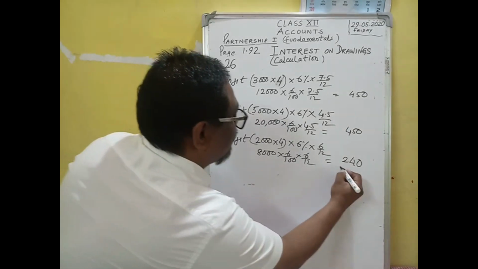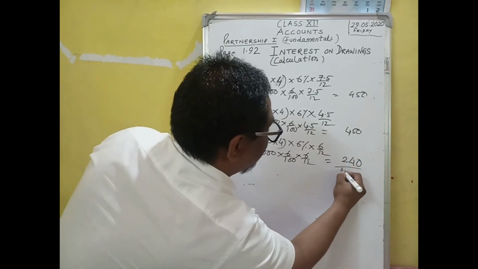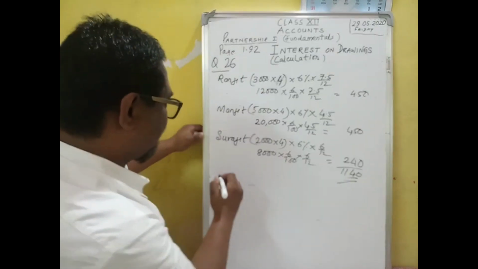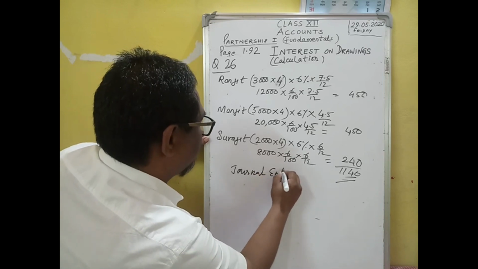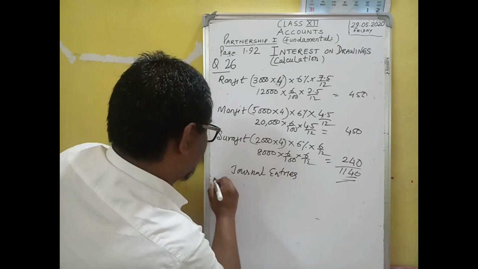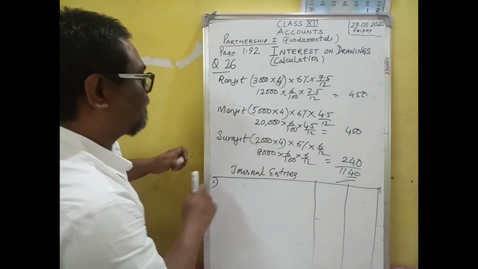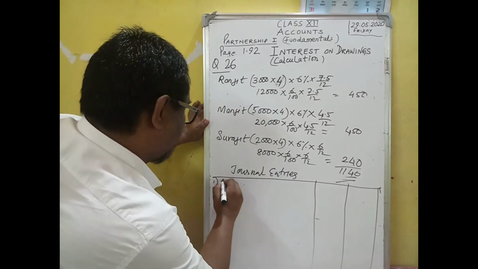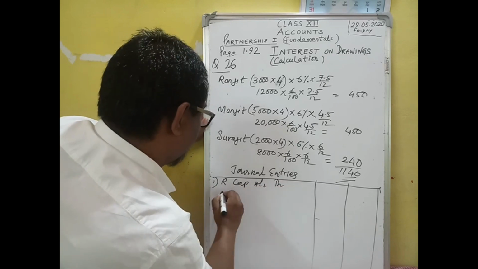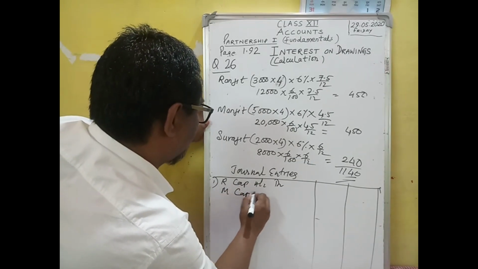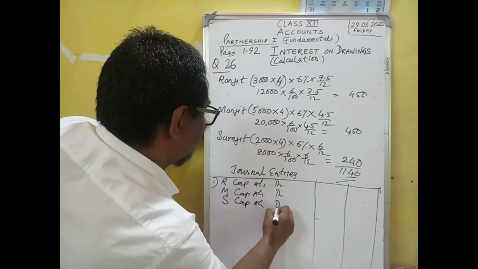If you see the total interest on drawings here, 450, 450, 240, 1,140. If you journalize this, the first entry is Ranjit's capital account debited, Manjit's capital account debited, and Surajit's capital account also debited.